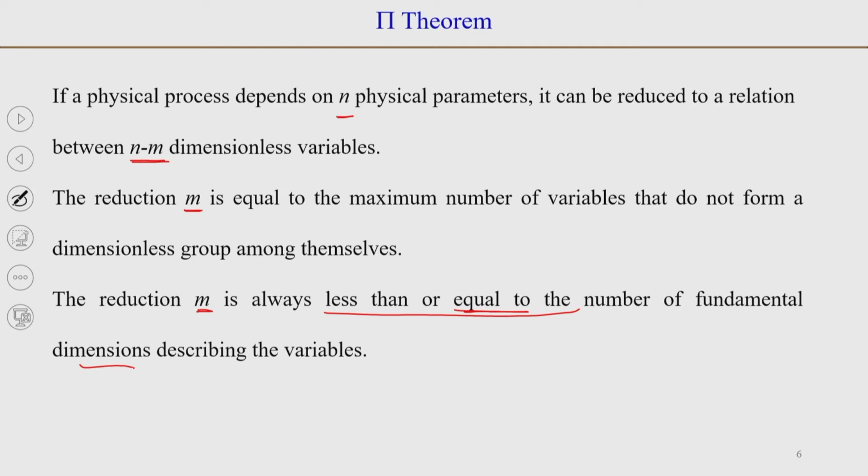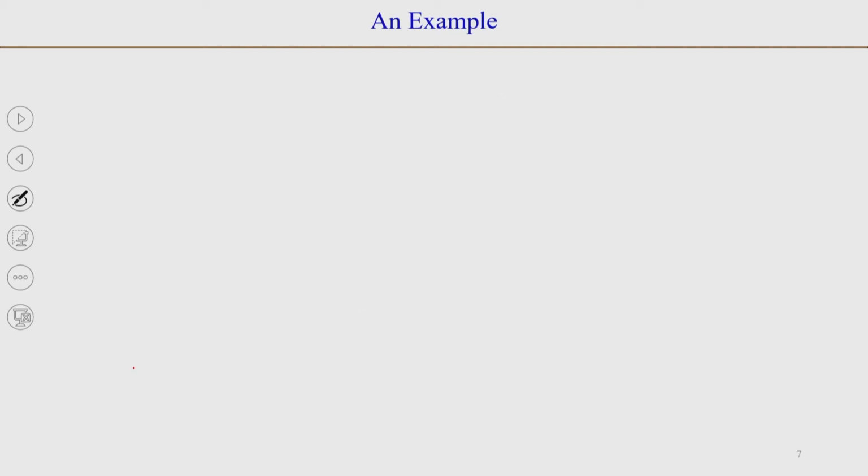So, this reduction is always less than or equal to the number of fundamental dimensions describing it. Basically, the Buckingham pi theorem tells us how we can reduce n dimensional parameters to n minus m dimensionless variables.